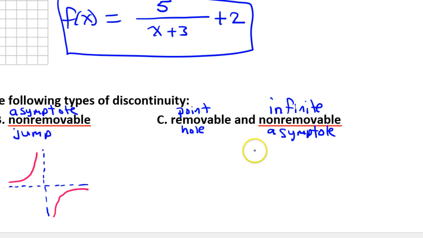So that would be like this. So here comes my asymptote situation. Okay, but when I draw the graph, I'll just put a nice little hole in it. Okay, so there you go. It has a non-removable, which would be my asymptote, but it also has a removable because I put a hole in it.